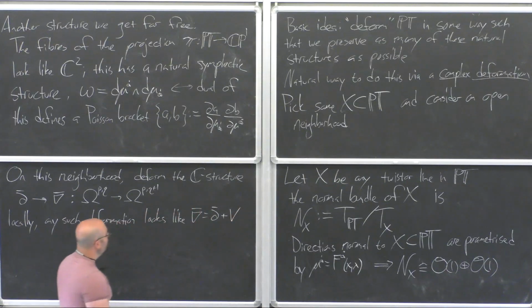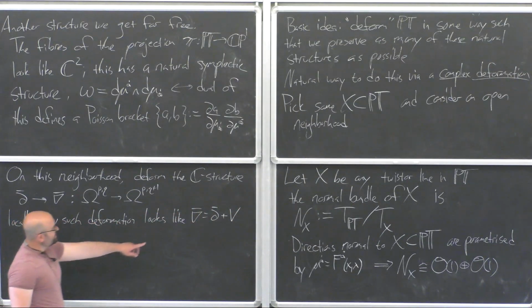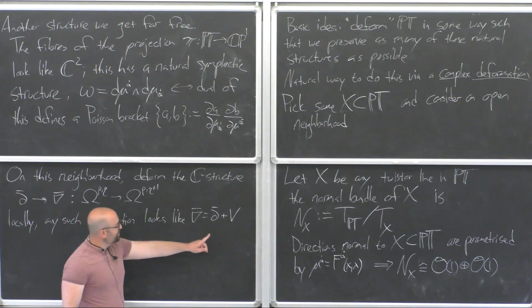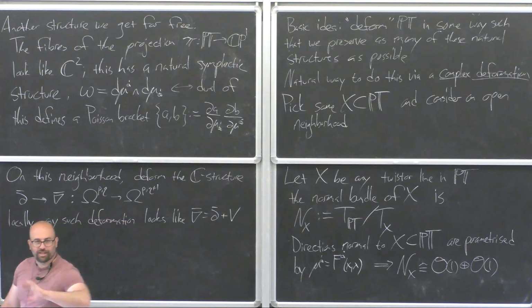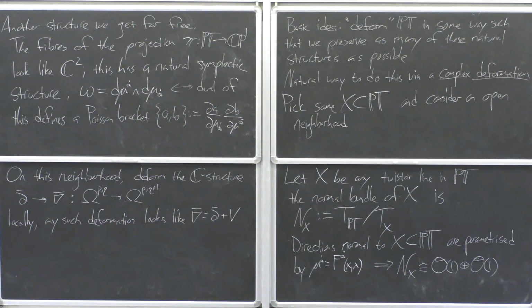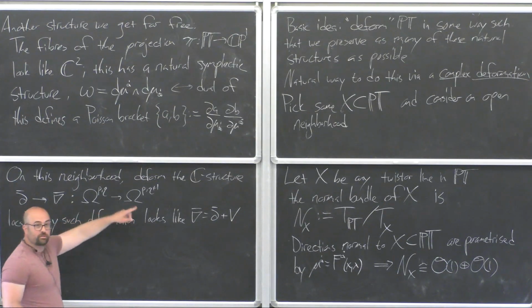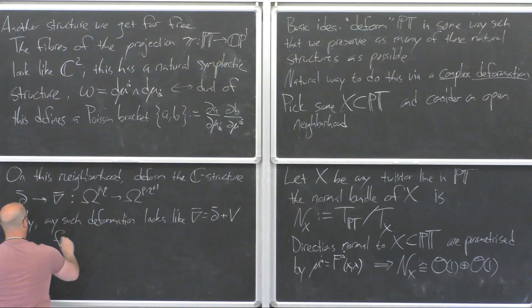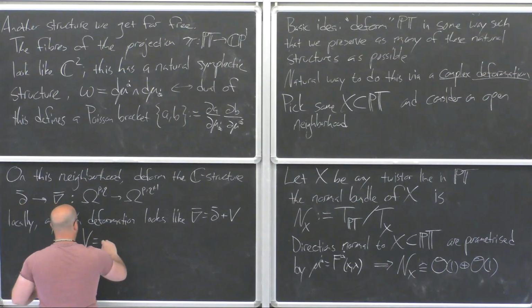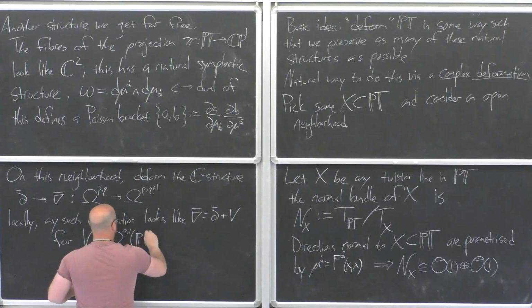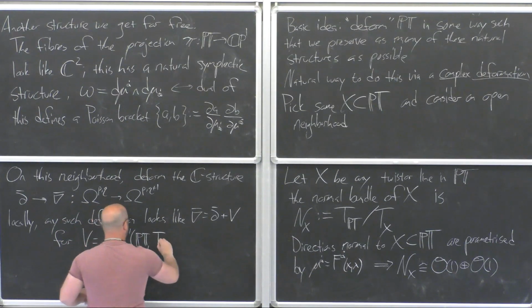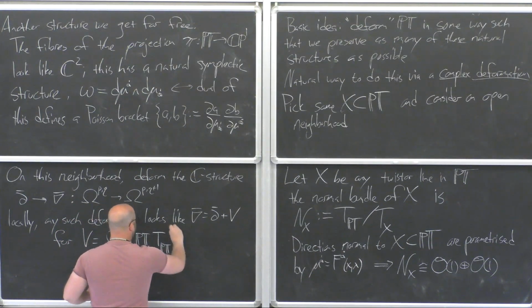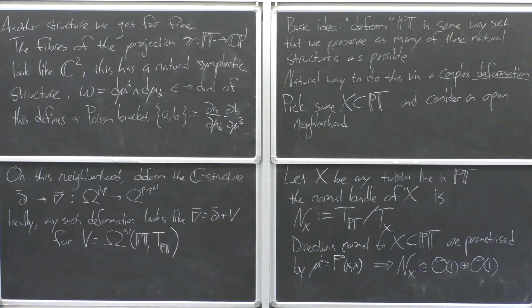Now, in order for this thing to be an honest Dolbeault operator, this can't just be any V. We know exactly what spaces this V has to live in order for this to be true. It has to be a (0,1) form on Twistor space valued in the holomorphic tangent bundle. It's a fun calculation.